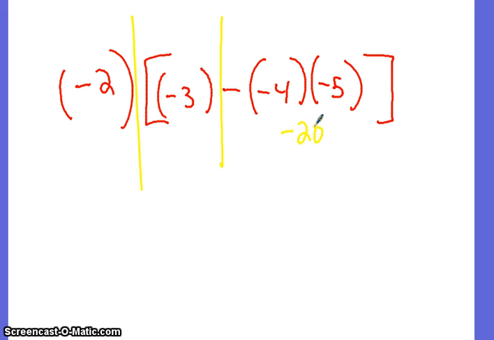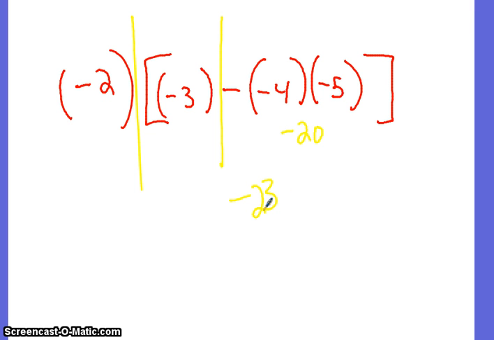Adding them up, they're both negative, so all you're doing is adding them, so the signs won't change. Negative 23.